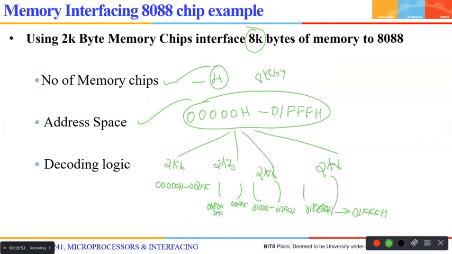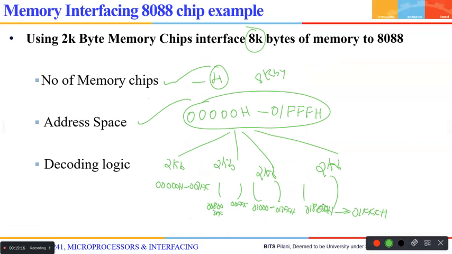If you know this, 30% of the memory interfacing is done. First, you should know how to divide that memory. This is for 8088, okay? After that, address mapping. It is also called the address space.